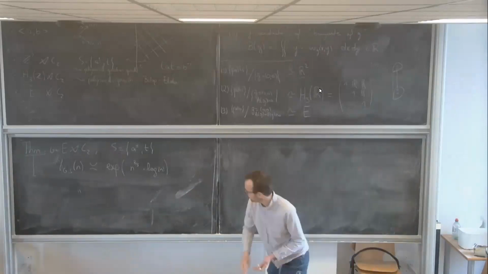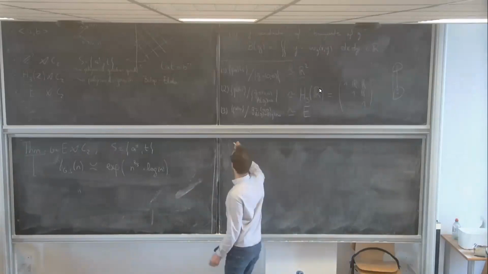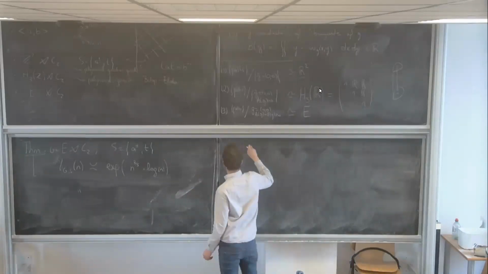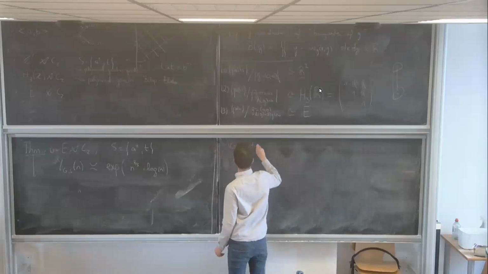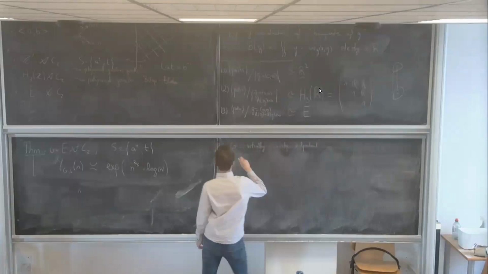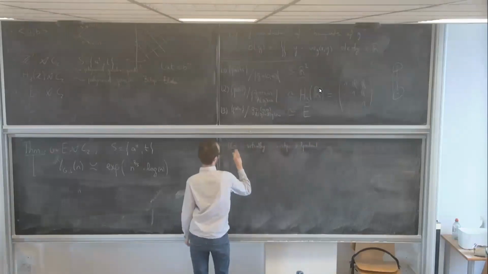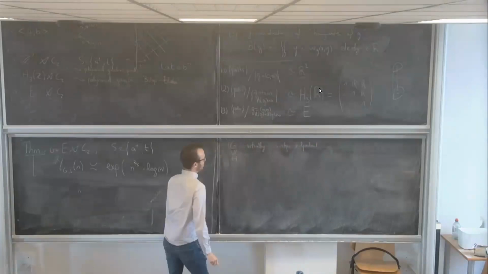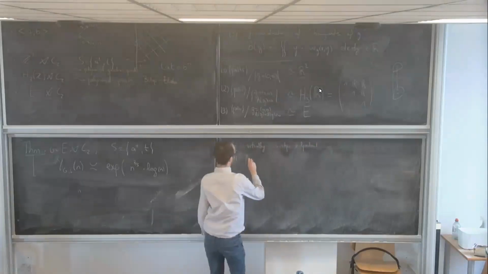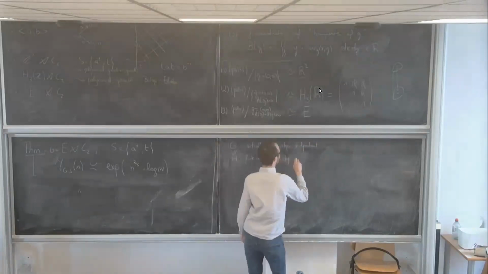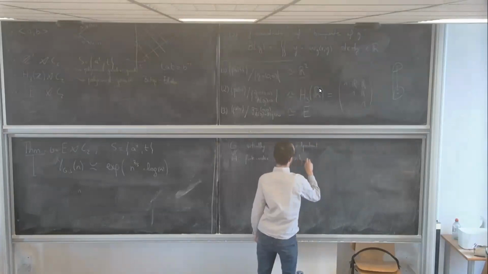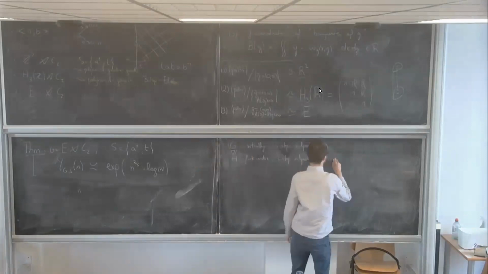So let's take G, which is virtually nilpotent. In particular, we can find some subgroup of finite index H, which is nilpotent, by definition. You can make it a bit better, you can take it normal.